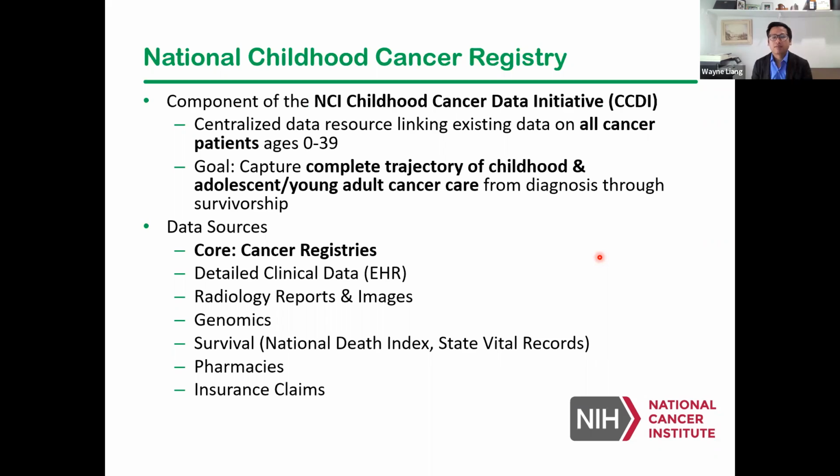And it's a very ambitious goal. The thought is using the cancer registry data as a foundation to now link out all different data sources on the same patient, so that you can now describe the complete trajectory of a patient's treatment from diagnosis to initial treatment to survivorship versus relapse to long-term side effects to the health outcomes 40 years from now, for example.